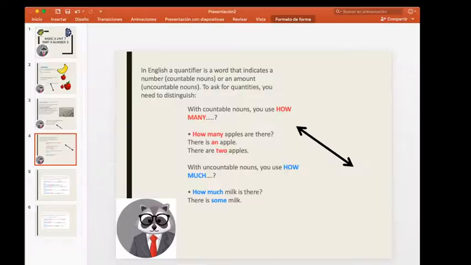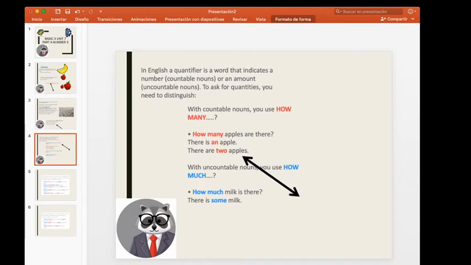For example, with countable nouns, you use how many, or as you can see, we can also use do you have any? Okay, and there is an example. How many apples are there? We know that there are apples. How many? I don't know. There is an apple, or there are 2 apples.